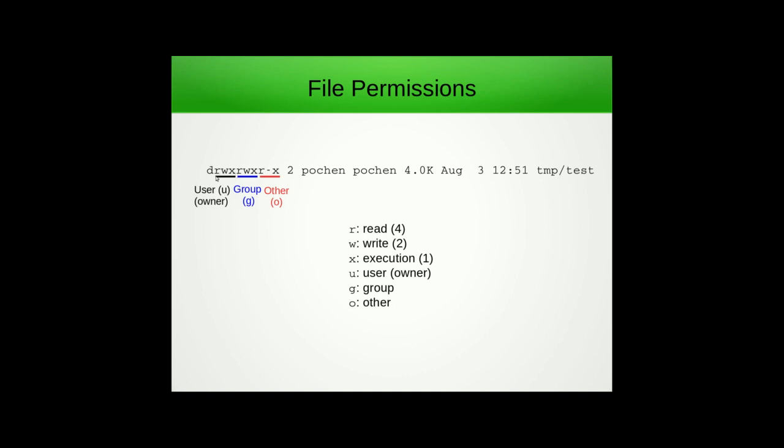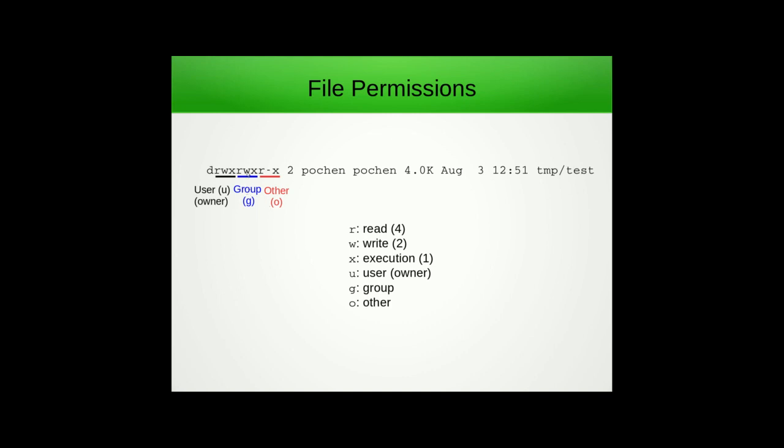In this case, you can add the 3 numbers together. Read has a value of 4, write has a value of 2, and execute has a value of 1. So if you add them together, it's 7. So we say that the user, the owner of this directory, has a permission that's the number 7.